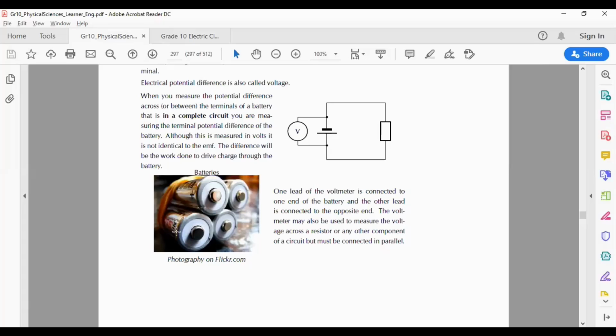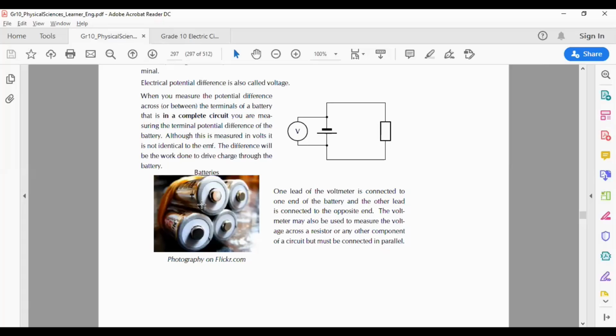So these four "batteries", in quotation marks, are actually four cells that make up one battery. In your remote control, you'll often have two cells that you need to put in, and that becomes a battery.